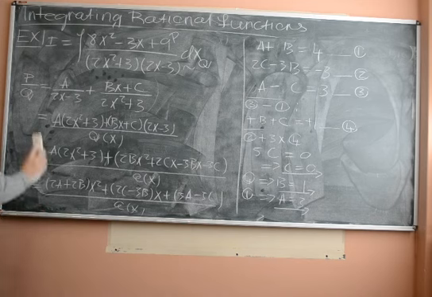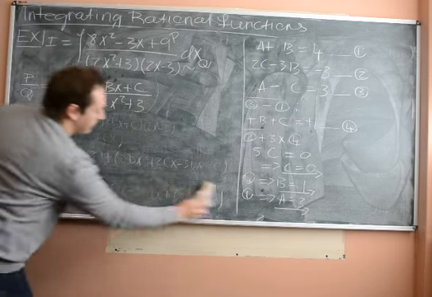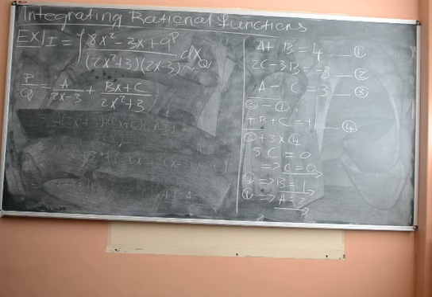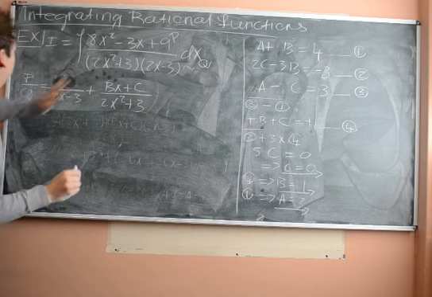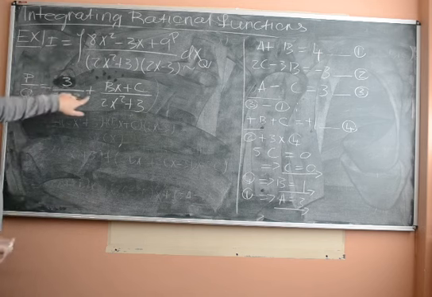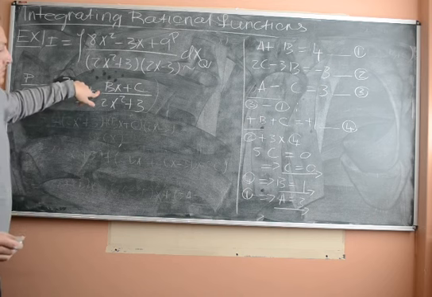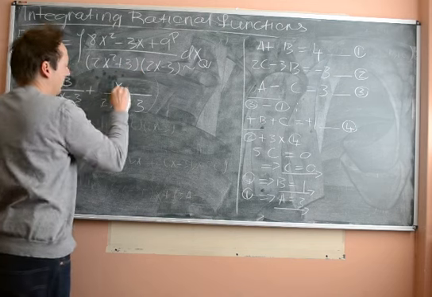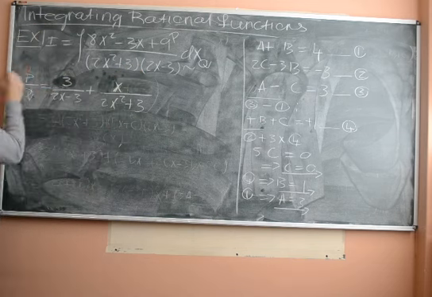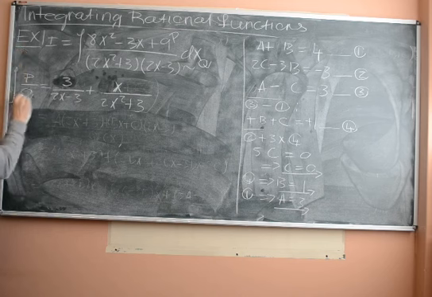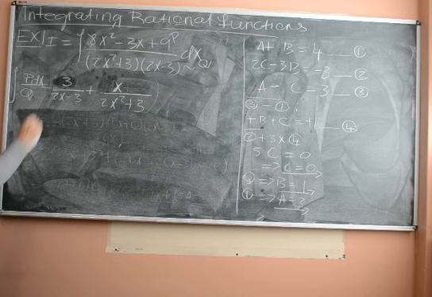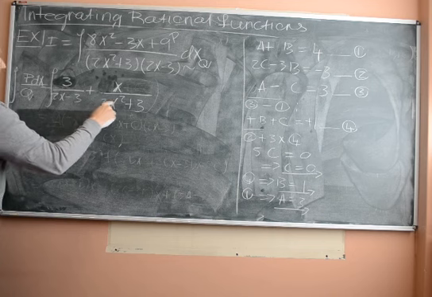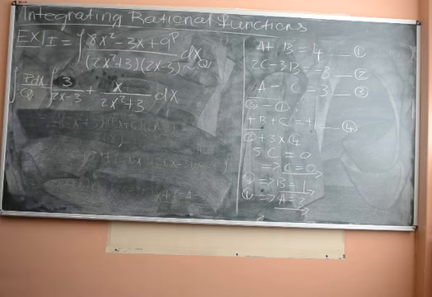That means p over q equals 3 over 2x − 3 plus x over 2x² + 3. Now b is 1 and c is 0, which is perfectly okay. So the integral of p over q dx is the integral of 3 over (2x − 3) plus x over (2x² + 3) dx.